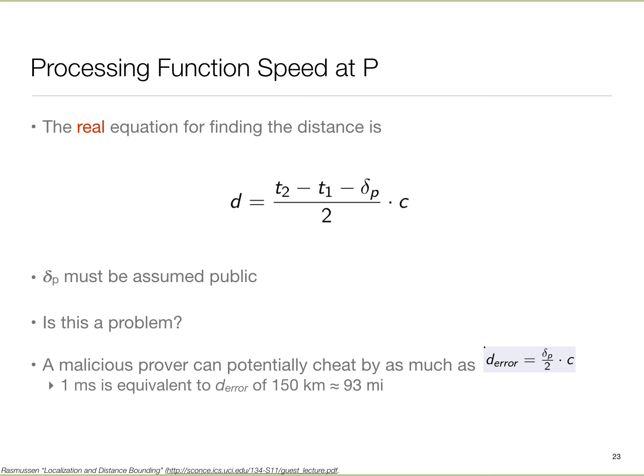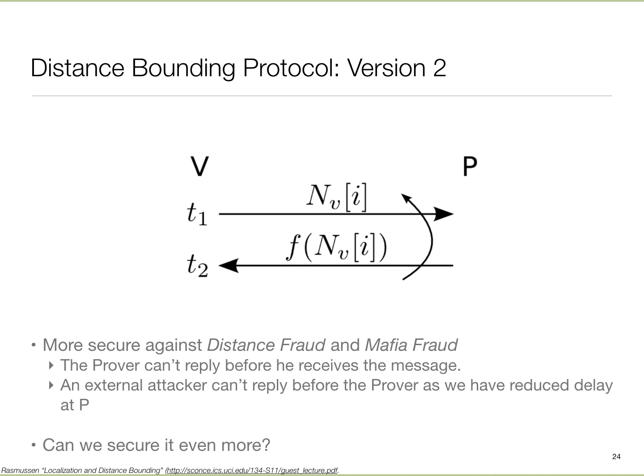So we need to somehow reduce this delta P, as little as possible. The first thing you can do is say, look, instead of operating on a big message and computing a function of that big random number, I'm going to do it bitwise.